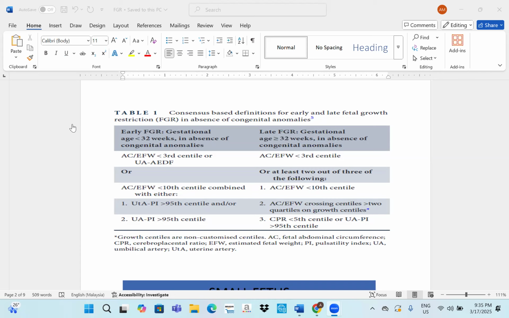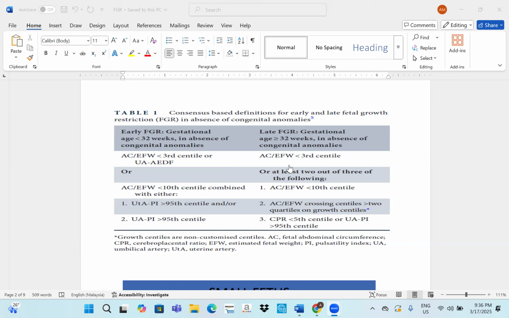If you see a patient who is less than 32 weeks, and the umbilical artery Doppler shows absent end diastolic flow, it means that it is FGR. If there is no Doppler abnormality, but it is less than third centile, we will say it is FGR. But in comparison, in the late onset, even if there is no Doppler abnormality, but only the AC or estimated fetal weight is less than third centile, we label the patient as late FGR.